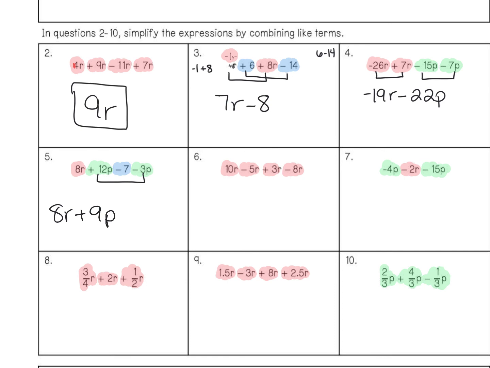Oh, and then I only have 1 blue highlight, too. So what do I do? I just keep it the same. Write exactly what that term is. Did I end up with 3 different terms? Yeah, I have an 8R, a 9P, and a negative 7. I knew that was supposed to be 3 because I had 3 different colors.